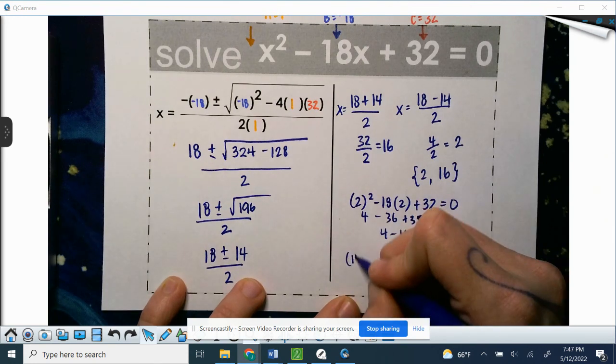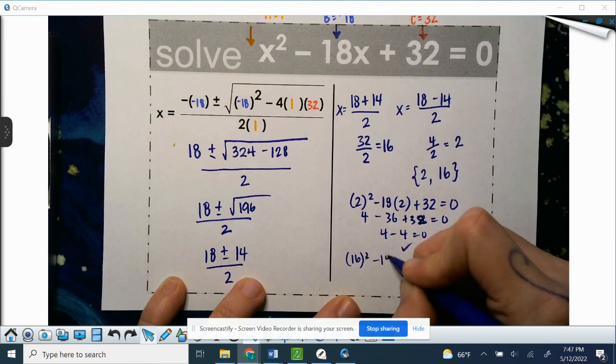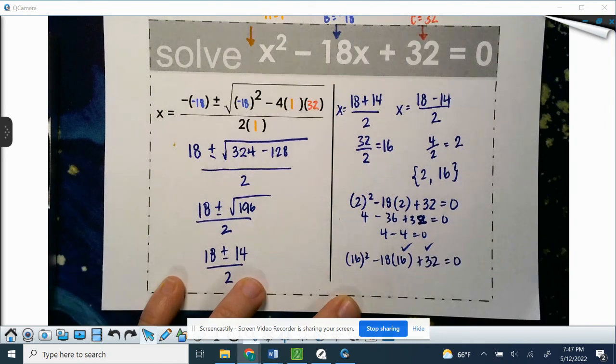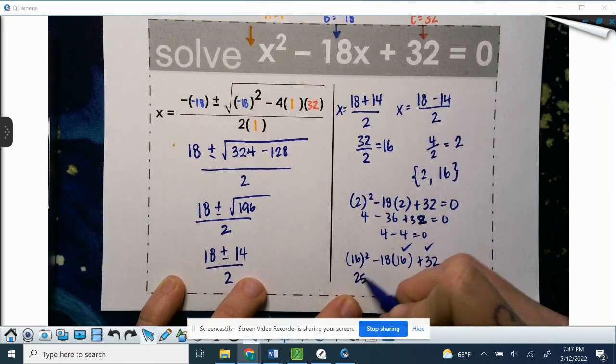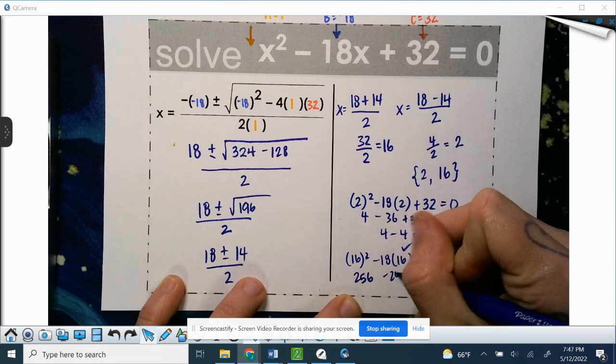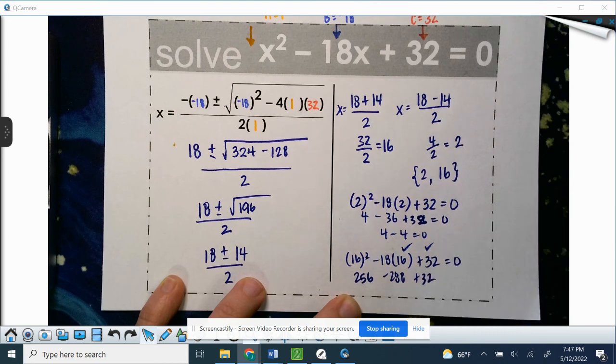16 squared minus 18 times 16 plus 32 equals 0. So 16 squared is going to give us 256. Negative 18 times 16 is going to give me a negative 288, and then I have plus 32. So 256 plus 32 is 288, which is, again, going to give us 0.